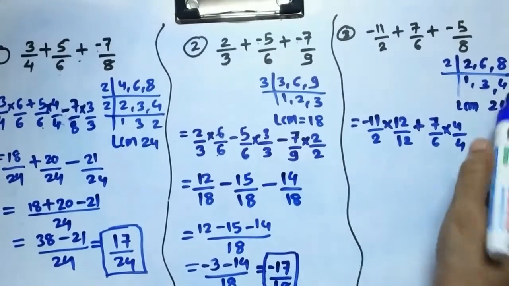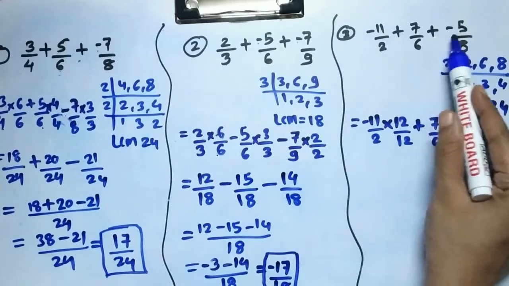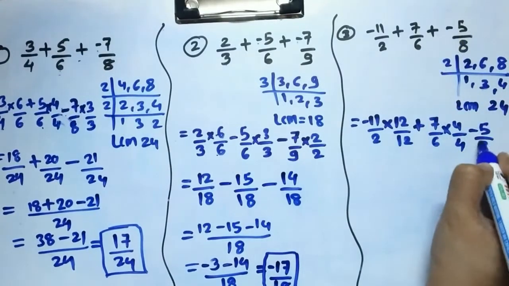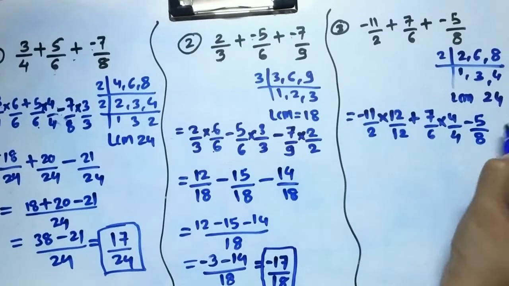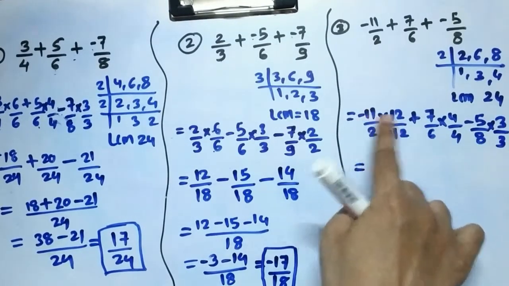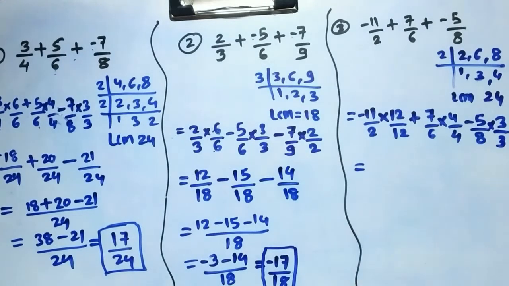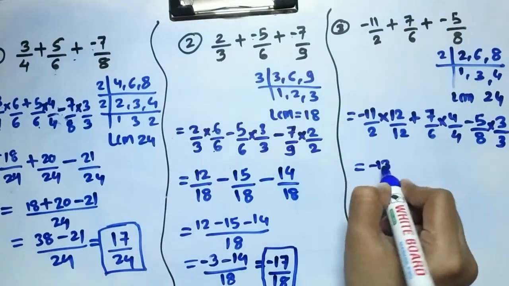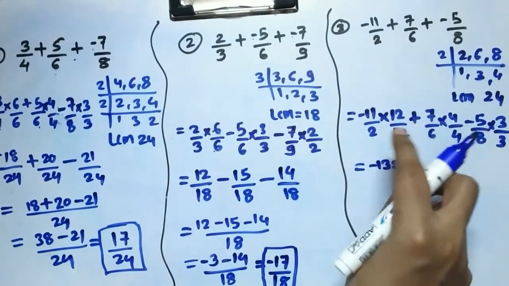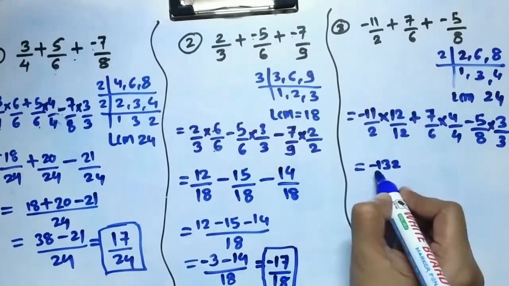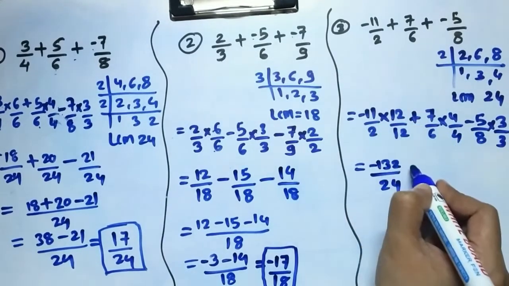And here we have minus 5 by 8, so plus minus 5 by 8. To get 24 you need to multiply by 3. Now 11 into 12, what will you get, friend? Minus of 132. 11 2s are 22, 2 carry, 11 1s are, and then 12 2s are 24.